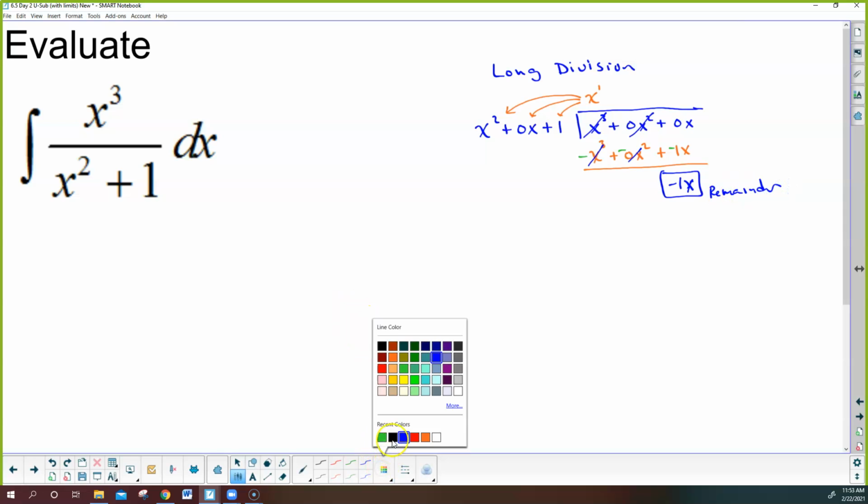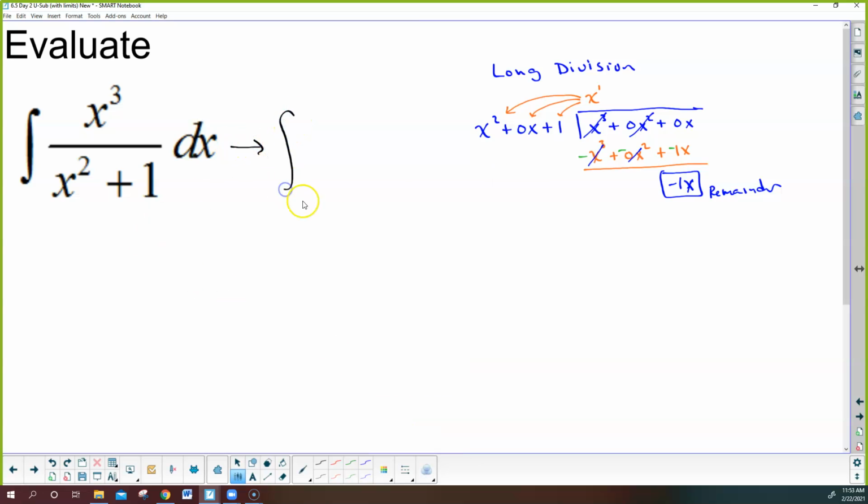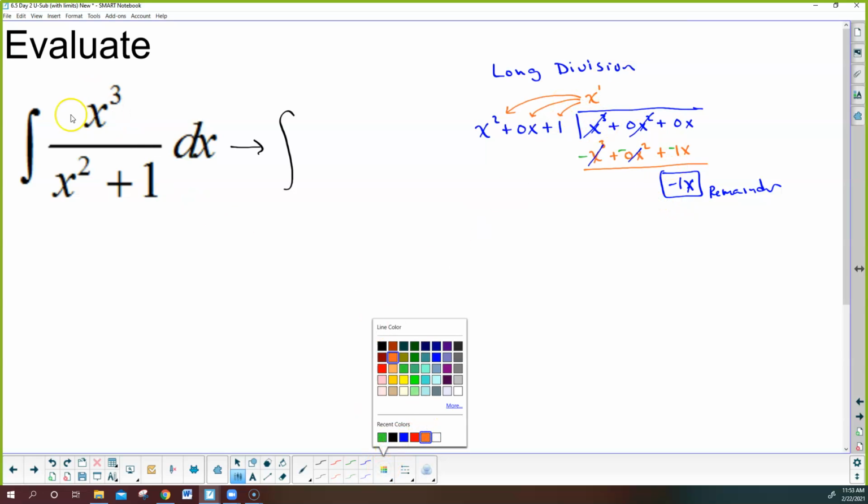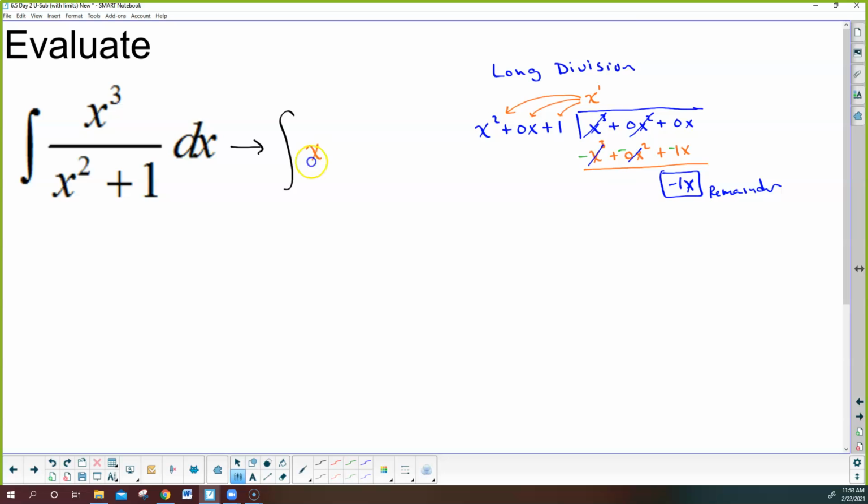There's my remainder. And this allows me to rewrite the original integral. So my new answer is x plus the remainder over whatever we were dividing by.